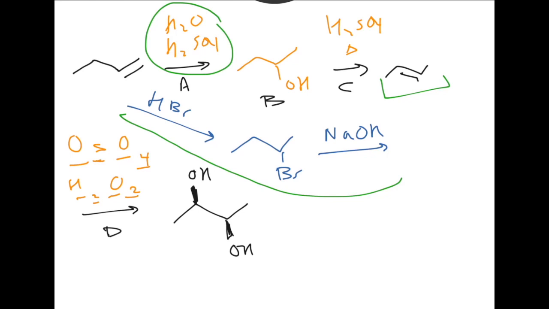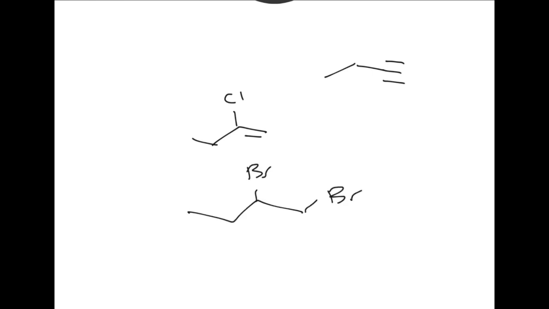So kind of like if you've made an alkyne and you're like, well, I know that I can make alkynes from a vinyl halide, or I can make them from a dibromide, right?